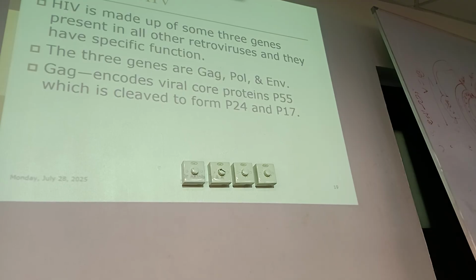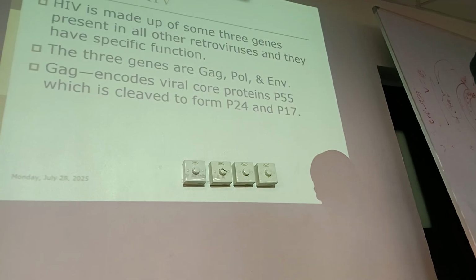So they now add P24 antigen to some ELISA kits, and that's the fourth generation ELISA, to reduce the window period to about 4 to 6 weeks. If you don't have the P24 antigen or antibody to P24, it will not be positive. So that's the importance of this P24 antigen.